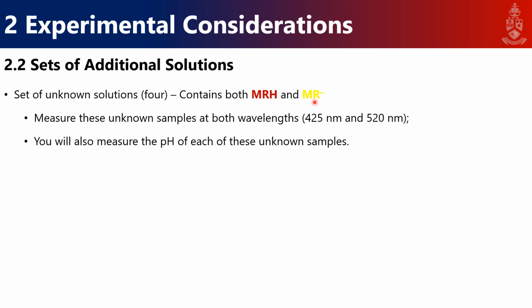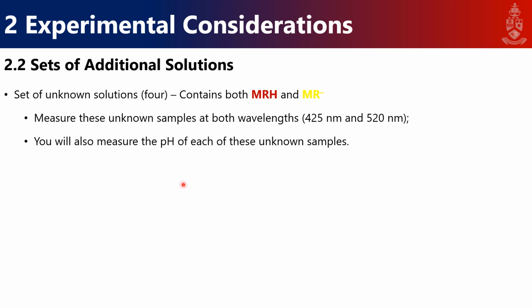Now you're going to make mixtures, using some of the earlier standards you created, 1 to 4 in the table on the previous slide. Your 4 mixtures, you record their UV at both 425 and 520 nanometers.